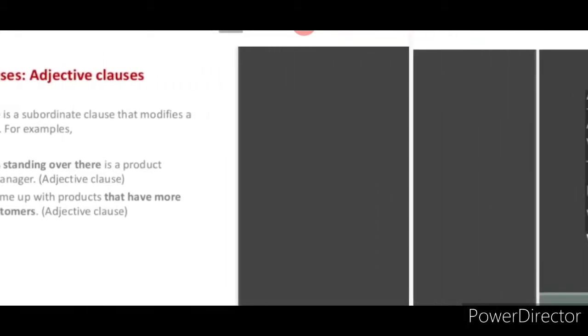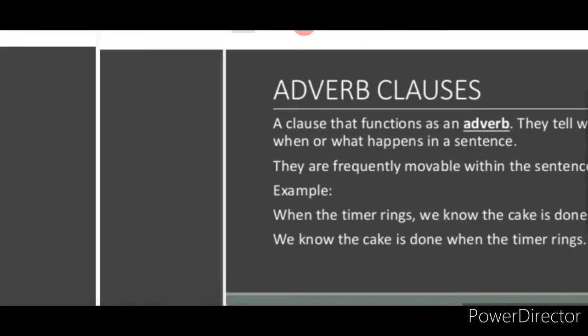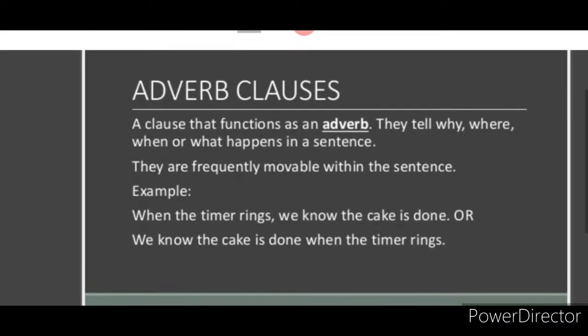Now let us discuss the next dependent clause. The next type of dependent clause is the adverb clause. What is adverb clause? The clause that functions as an adverb. They tell why, where, when, what happens in the sentence. Children, tell me what is an adverb.